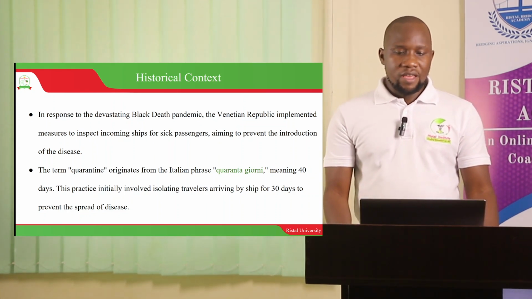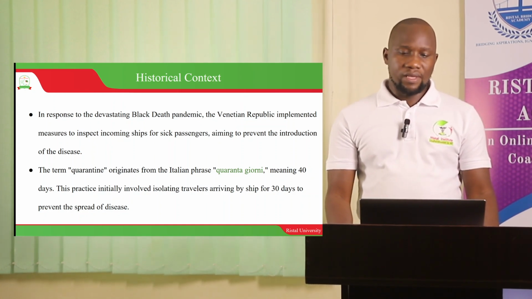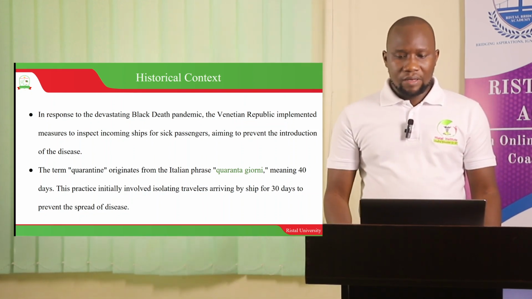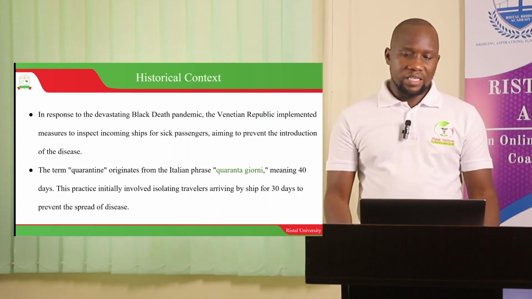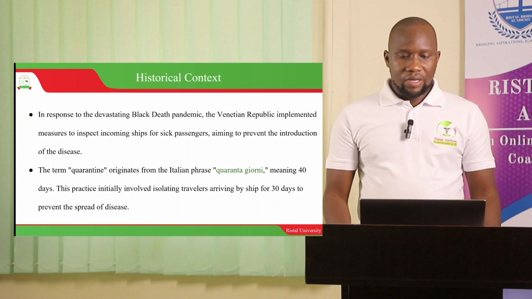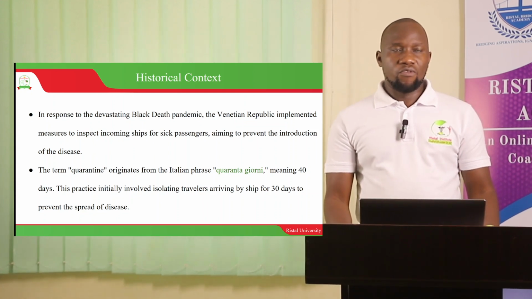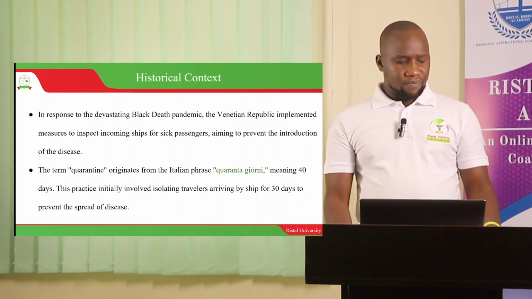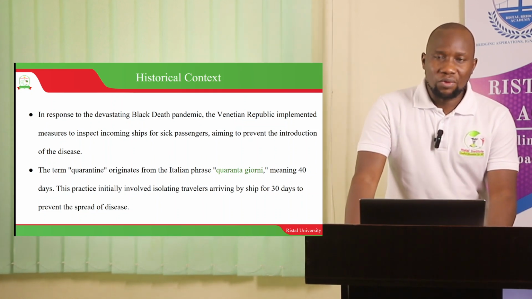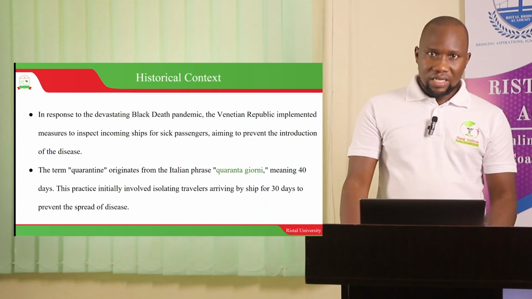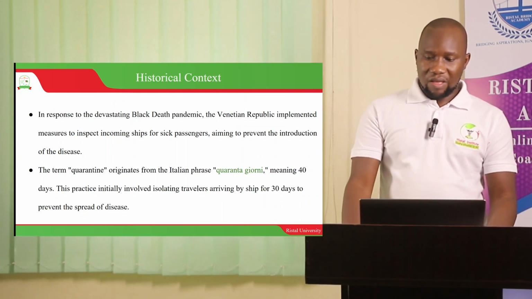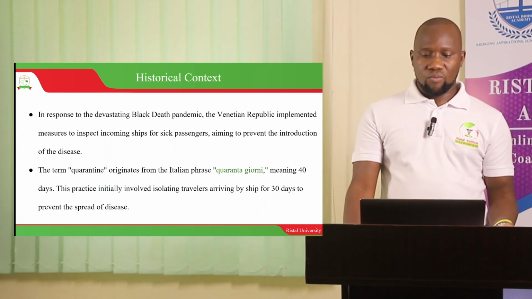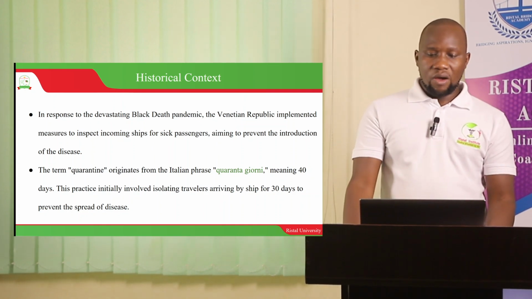During the Black Death pandemic, the Venetian Republic implemented measures to inspect incoming ships for sick passengers, and if someone was sick, or had come into contact with a sick person, they were isolated for 40 days before they could be allowed to proceed. That is the origin of the word quarantine.